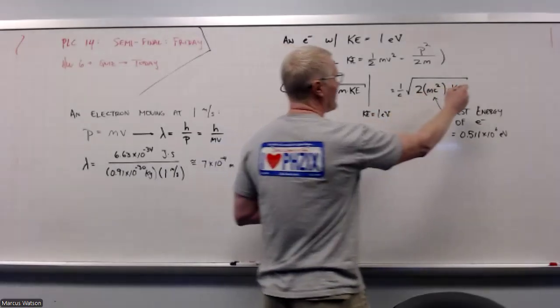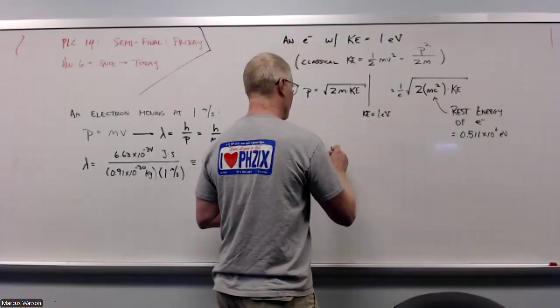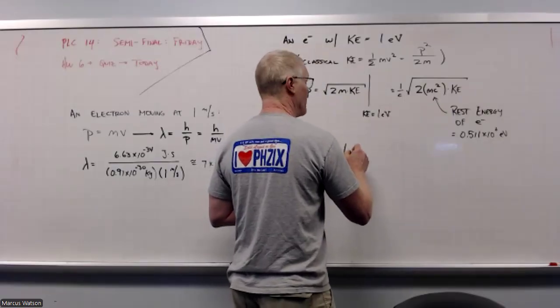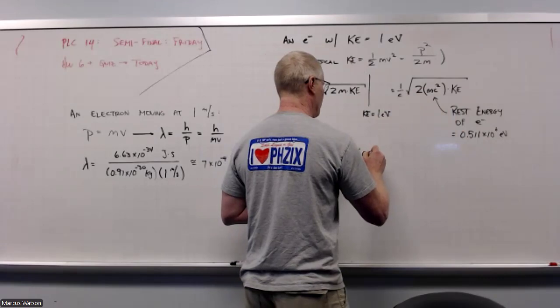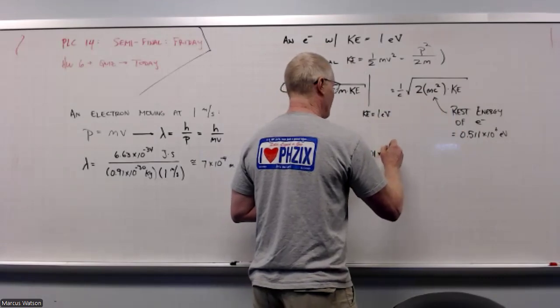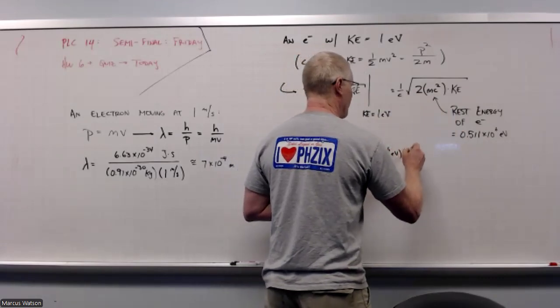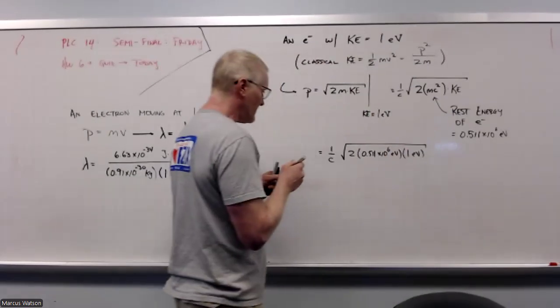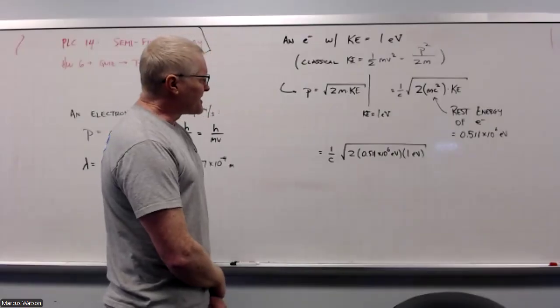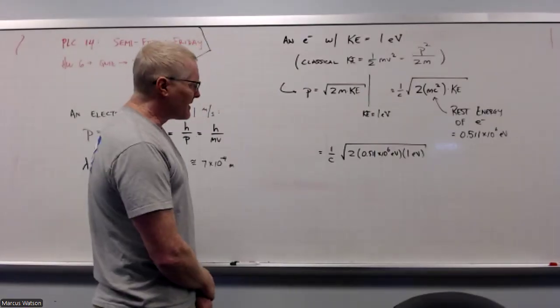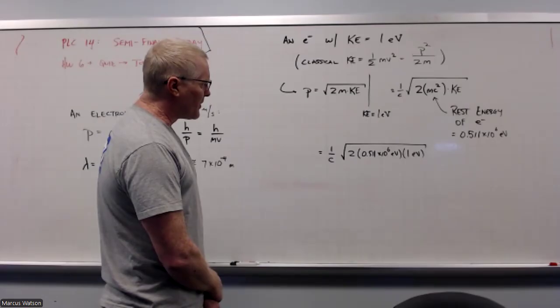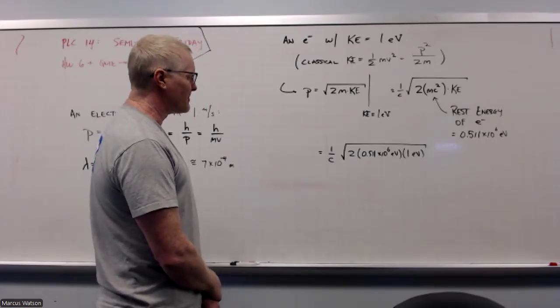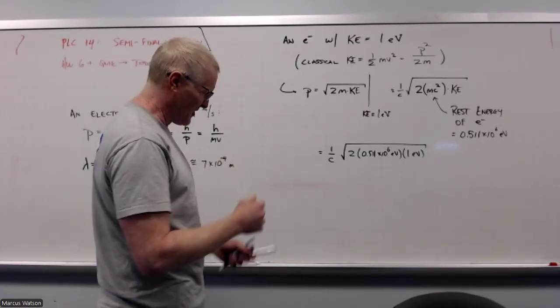Evaluate at 1 eV. So this is 1 eV right here. I'm going to get 1 over c times the square root of 2 times 0.511 MeV times 1 eV, square root of all that. It's going to be some number, 0.2, close to going away, but not quite.